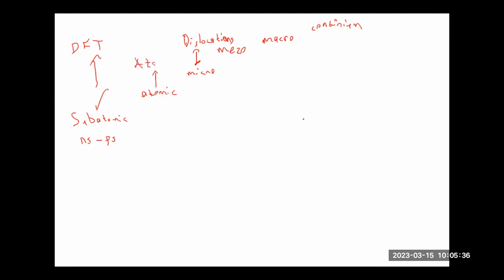Atomic scale, let's define what's atom and the atom models. The atom consists of one nucleus, right?